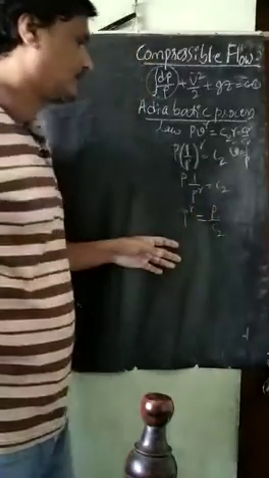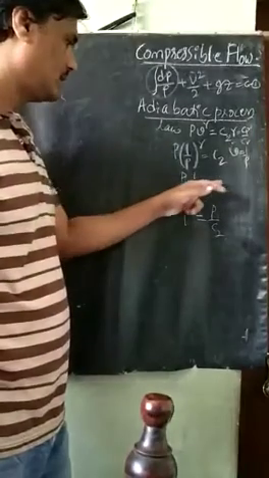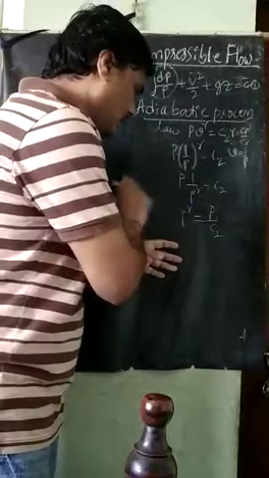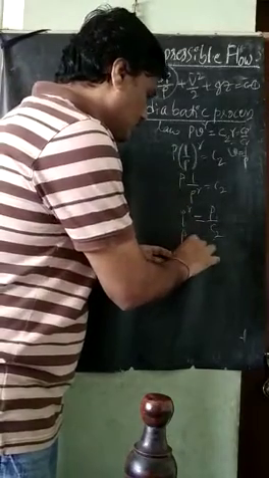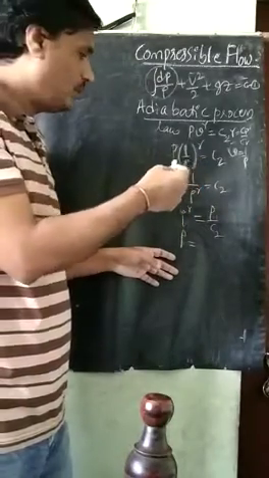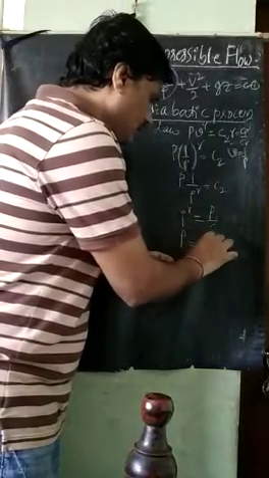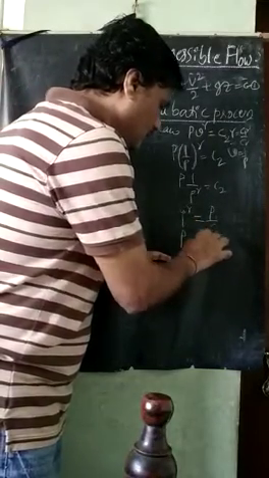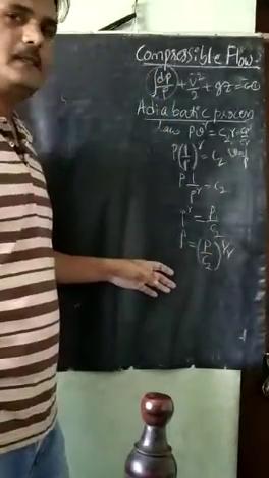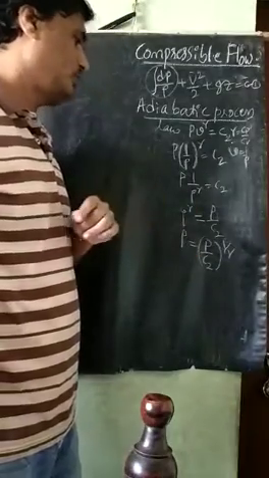I need rho, the density. Rho is equal to the whole thing raised to the power 1 divided by gamma. Then rho is equal to P divided by C2, raised to 1 divided by gamma.